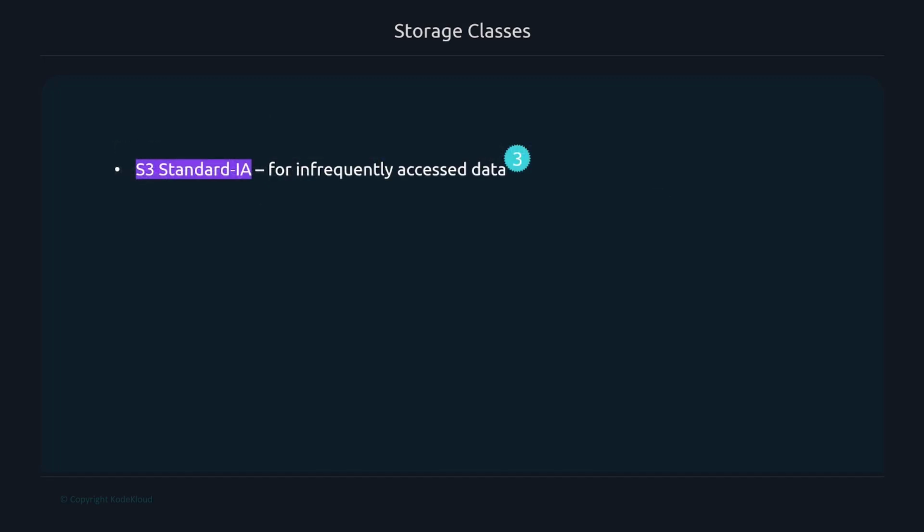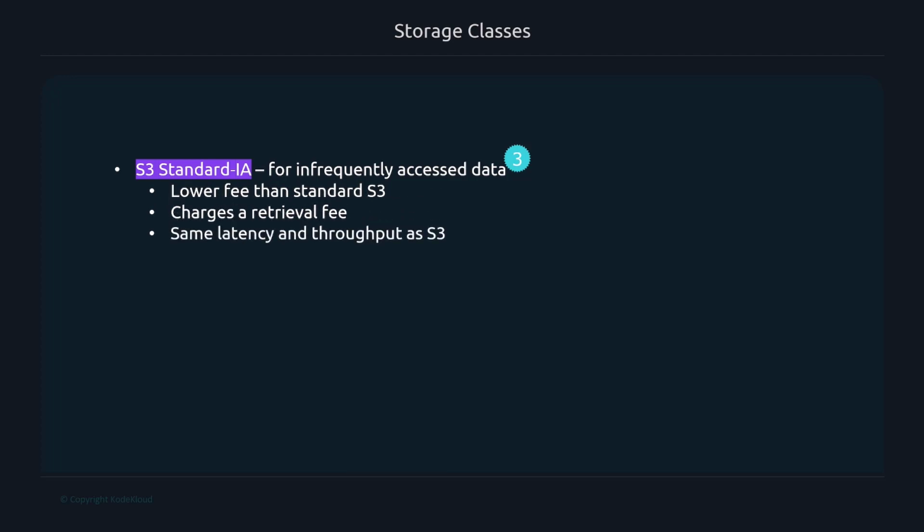The next one is S3 Standard Infrequent Access. This is for data that doesn't have to be accessed frequently. And because of that, the overall fee is going to be less than S3 Standard. However, if you do retrieve this data, they're going to charge a retrieval fee.